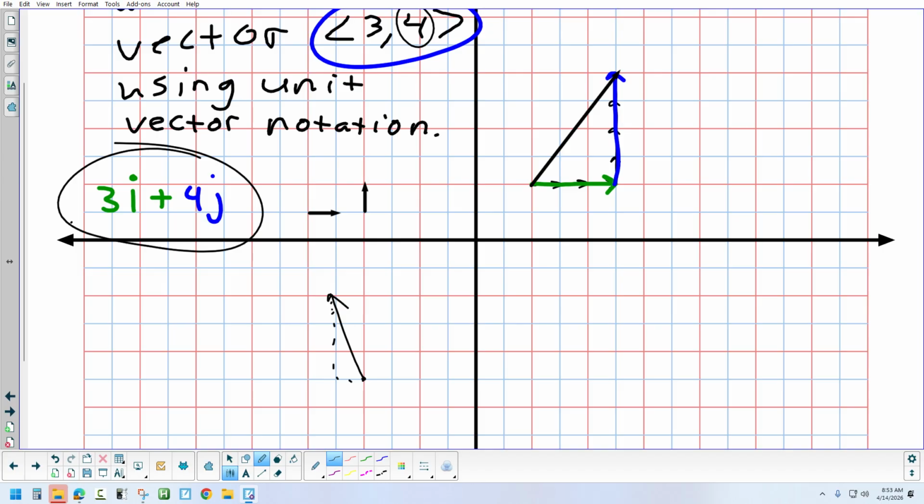So it's a negative i and then stacking up the j's. So by making these positives and negatives, we can go in any direction that we need to build any vector that we want. And we can also use parts of i and j. So if you had to build a vector, something like this, you could say that that's 3i plus 1.5j. So you could do things like that too.